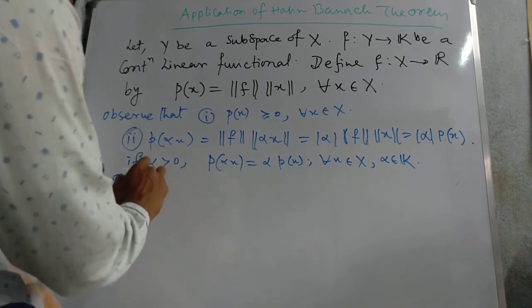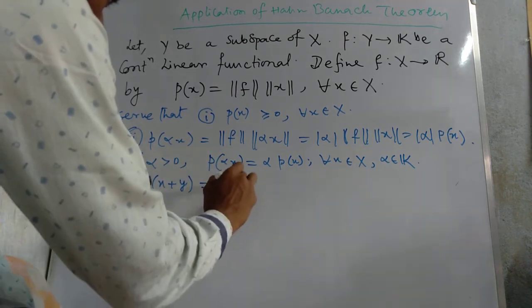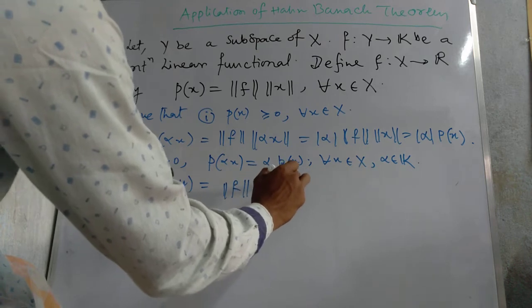Which part? This one: p(x plus y) equal to norm of f times norm of x plus y.